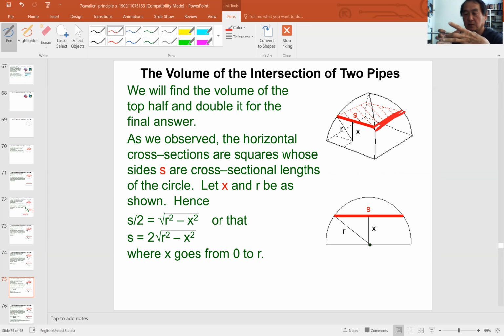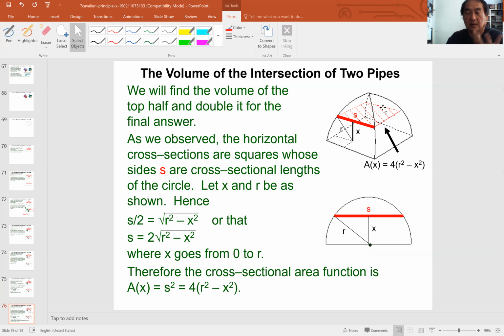If I make a rotation of the pipe intersection by 90 degrees, you couldn't tell, it's the same shape. So therefore the cross-sectional area is s squared, because it's a square.